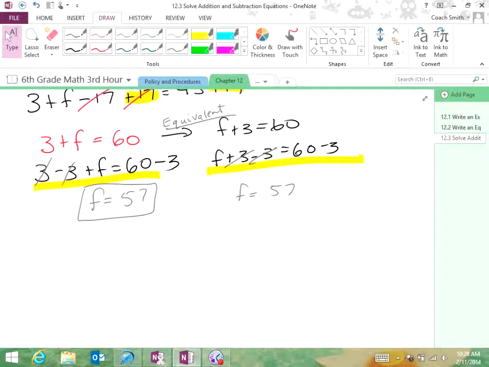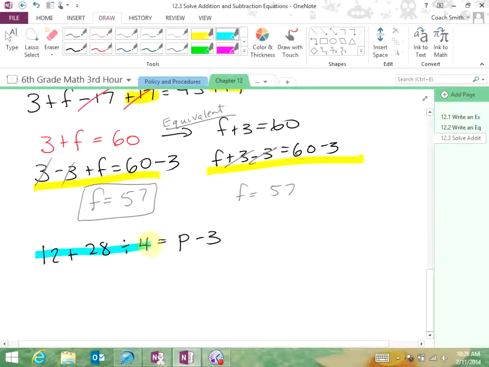Then we'll even get a little bit more complicated. 12 plus 28 divided by 4 equals P minus 3. So for this one over here, we must remember, please excuse my dear Aunt Sally, order of operations. On that side, what am I going to do first? 28 divided by 4.